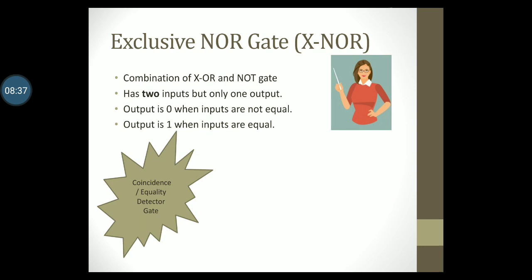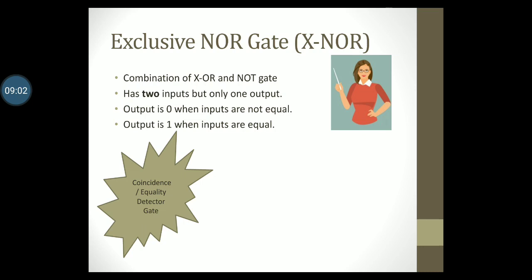On the same lines, let us take a look at another gate called the exclusive NOR gate, or XNOR. This is basically a combination of an XOR gate connected with a NOT gate. This gate has only two inputs and one output.